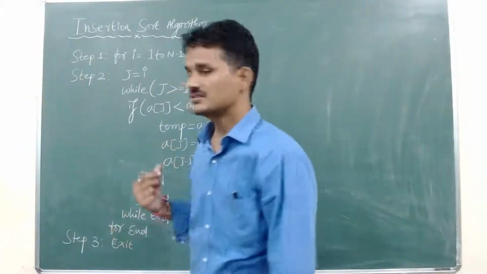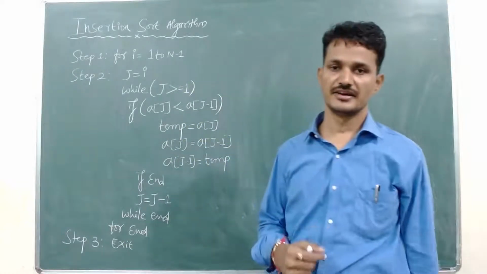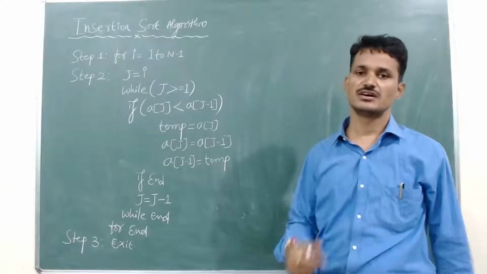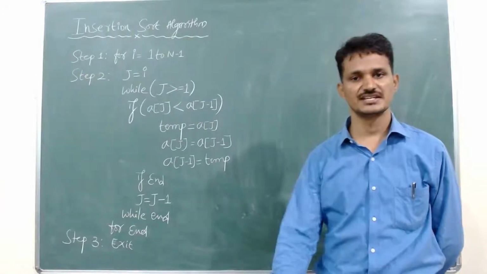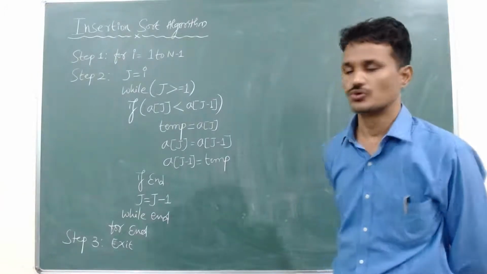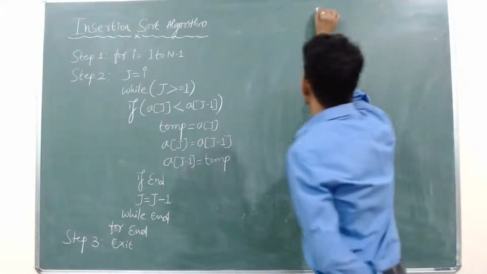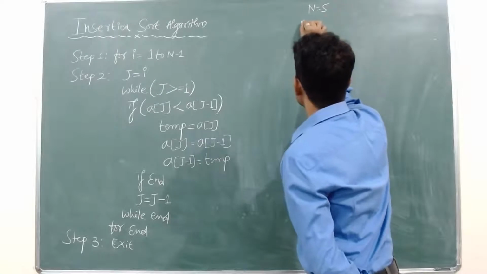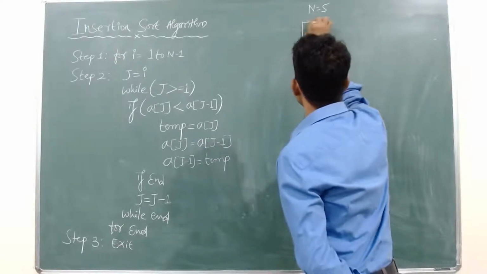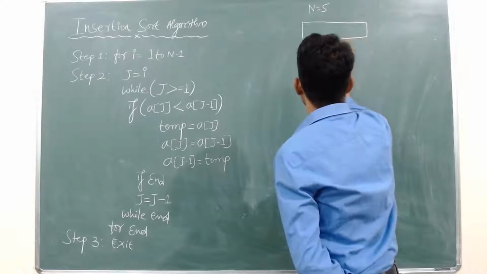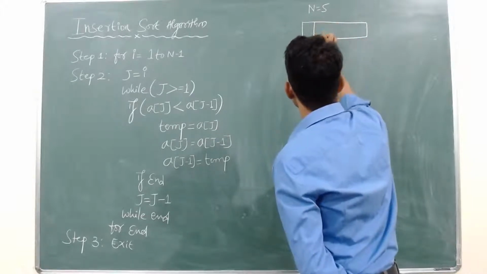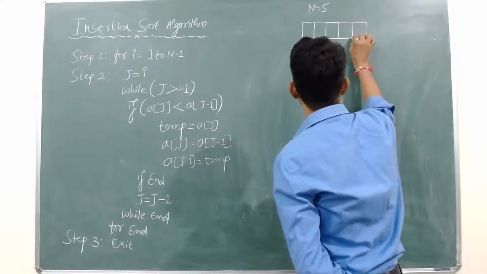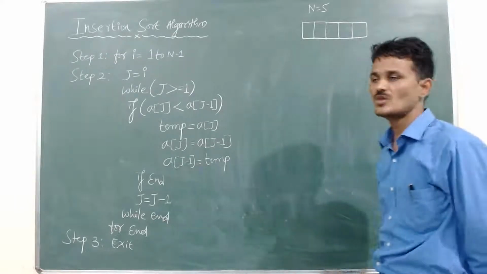So, while explaining this algorithm, let me take an array consisting of 5 elements. The elements are in a random order or maybe in a decreasing order. Look at this, the value of n is equal to 5. This is the first element, second, third, fourth and fifth.